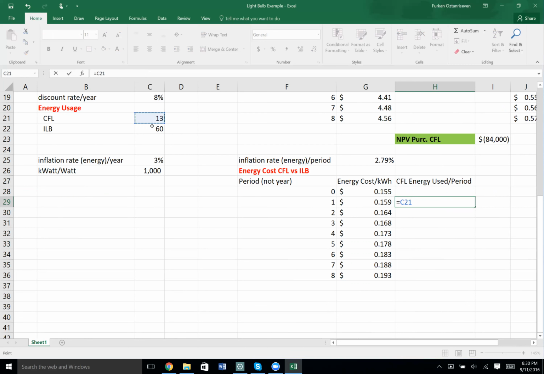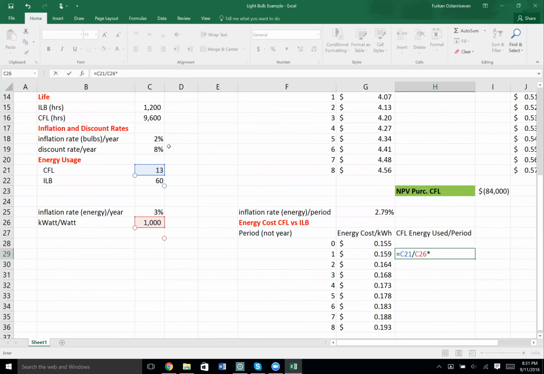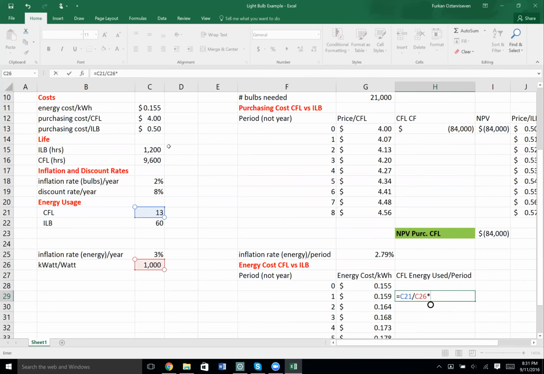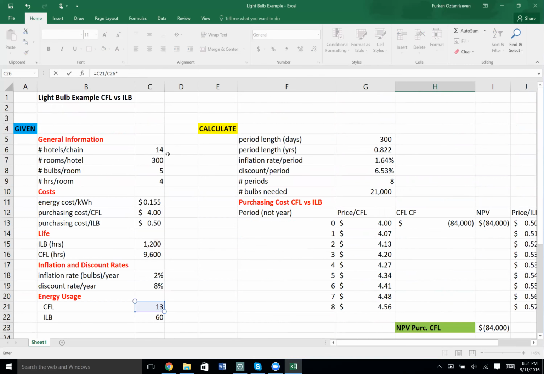So I need to divide by 1000 to calculate number of kilowatts used per hour for a CFL bulb, times how many kilowatt hours we need overall.